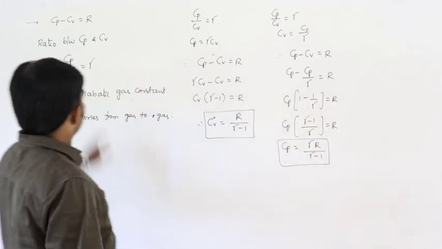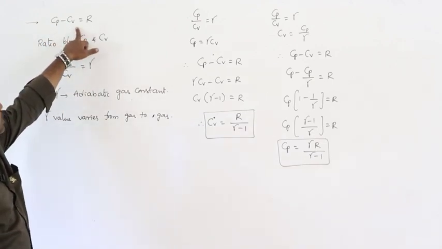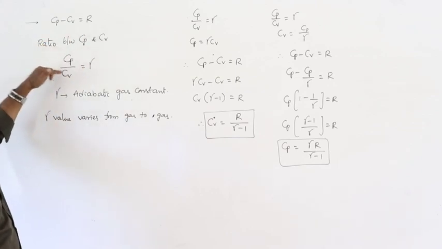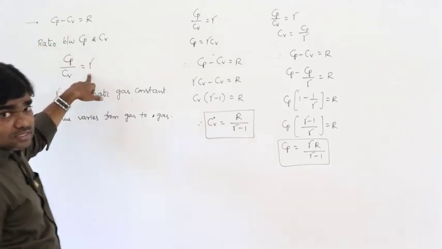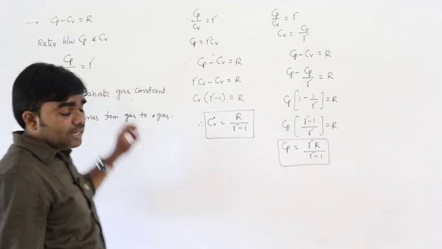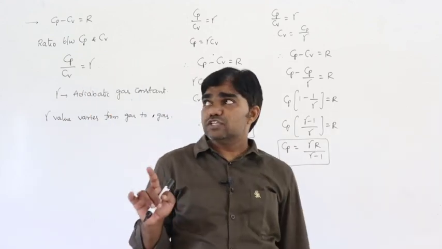Just now we derived the relation Cp minus Cv is equal to R. The ratio of Cp by Cv is called gamma, the adiabatic gas constant. This value varies from gas to gas.